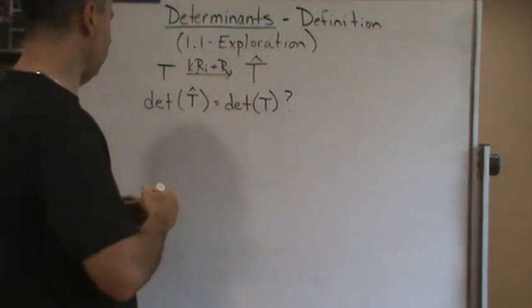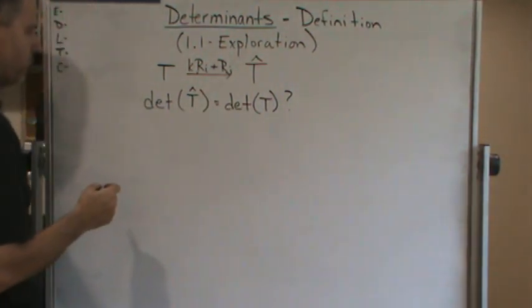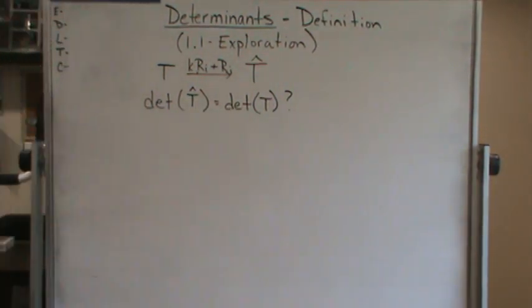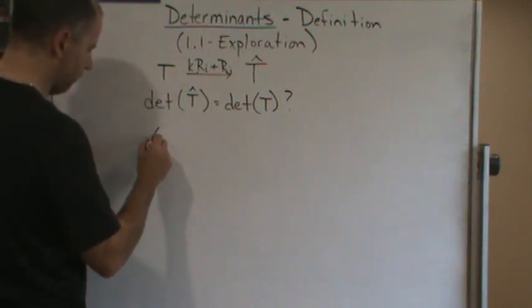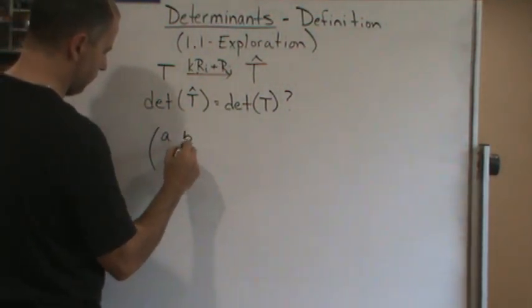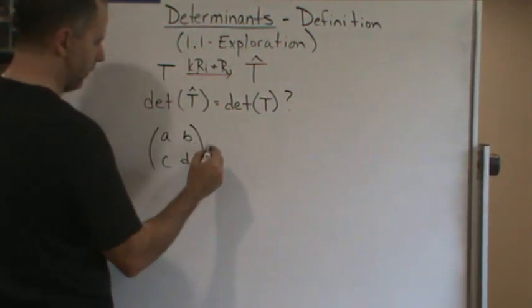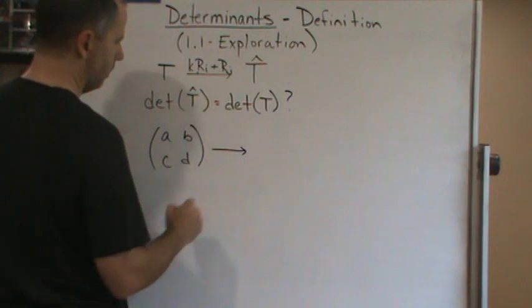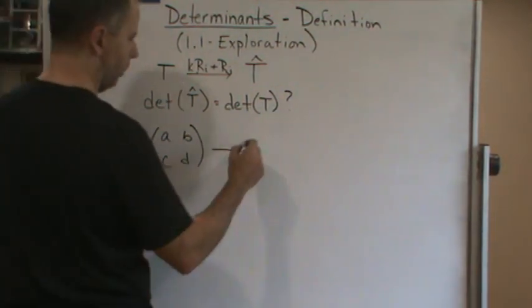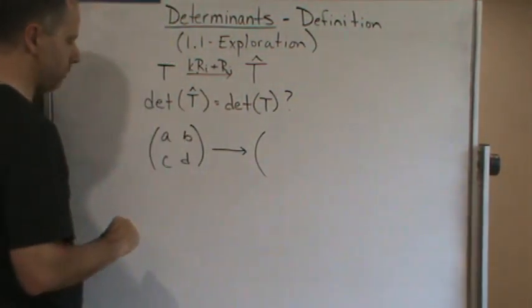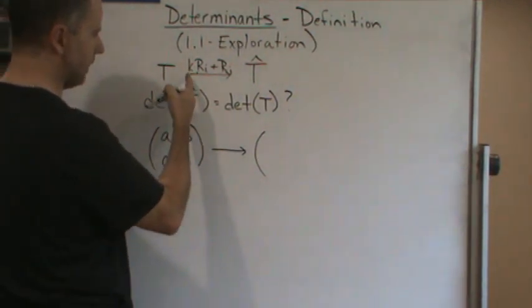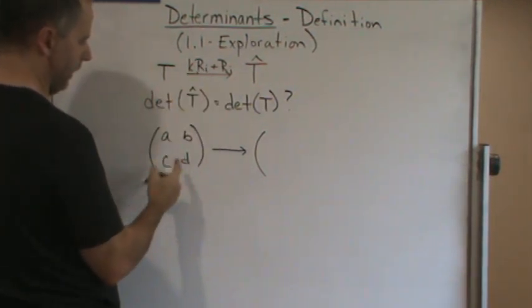Well, let's do this with a 2x2 matrix and see what that gives us. So here's our matrix, and with our operation, our resulting matrix will be what? We're going to take K times row 1 and add it to row 2.